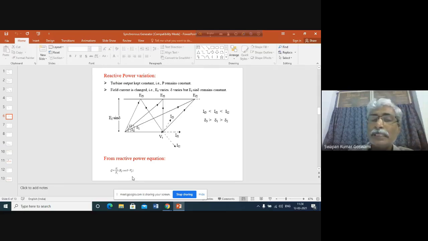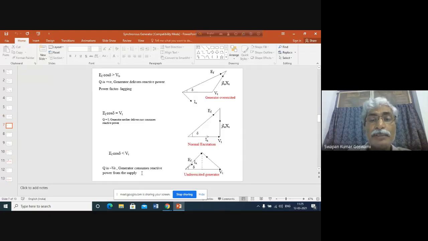P becomes negative because the motor is drawing active power. In case of the generator, P was positive, and for an overexcited generator, Q was positive; the generator was delivering reactive power. For an overexcited motor also, Q becomes positive. That means the motor is delivering reactive power to the system.